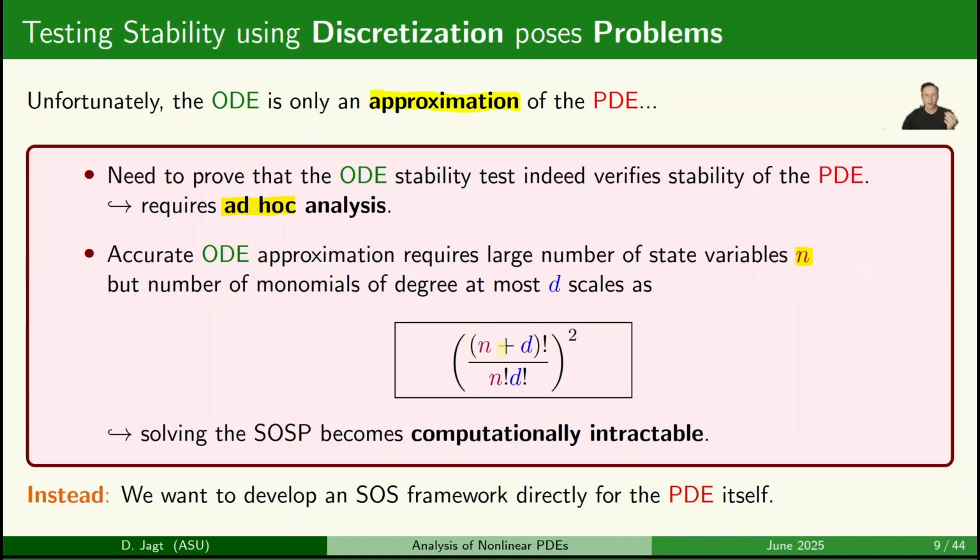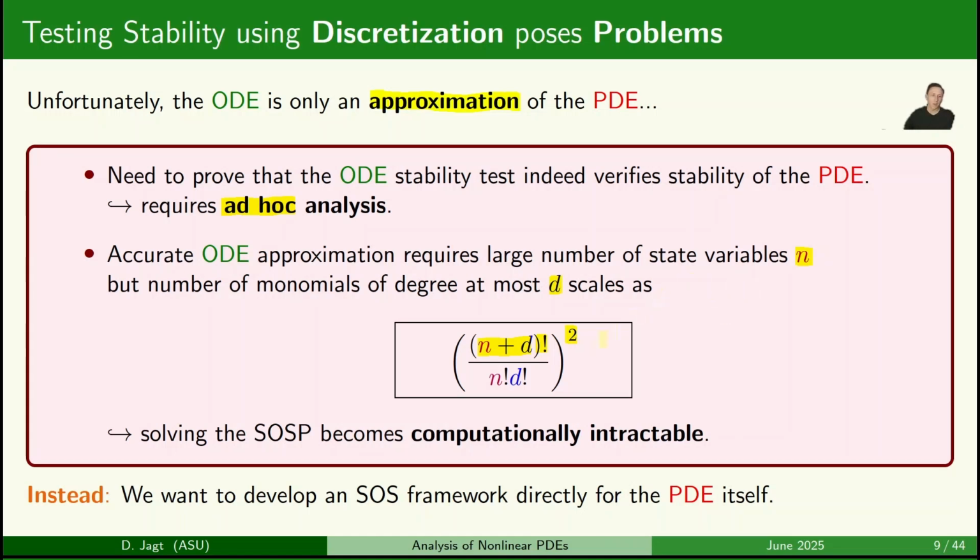But then the computational complexity of the resulting SOS program will scale as (n+d) factorial squared, where d is the degree of the monomials we use in the SOS program. So in order to get an accurate ODE approximation, we will need to use a large number of state variables n, but then the resulting SOS program quickly becomes computationally intractable. So clearly, this is not the ideal approach to analyzing stability of PDEs using SOS.